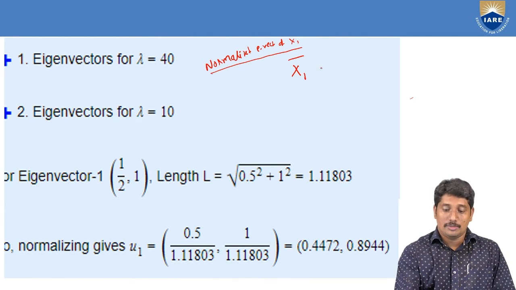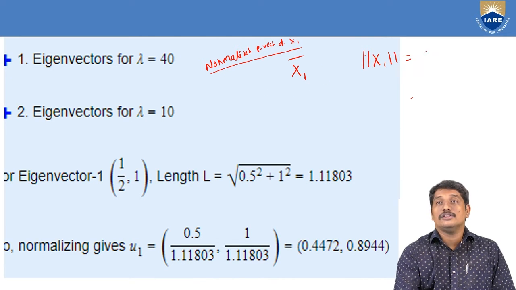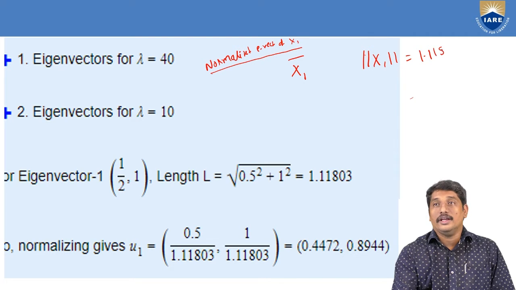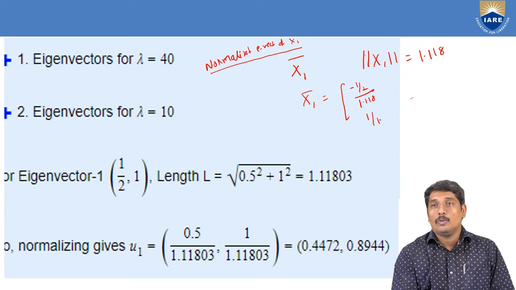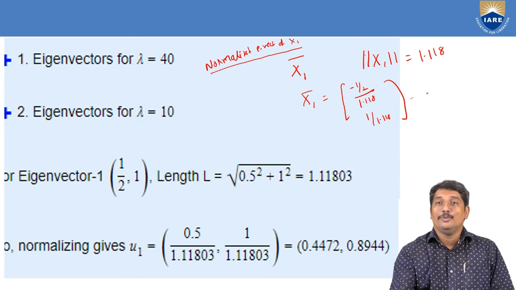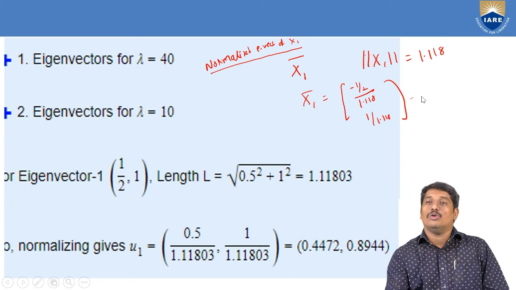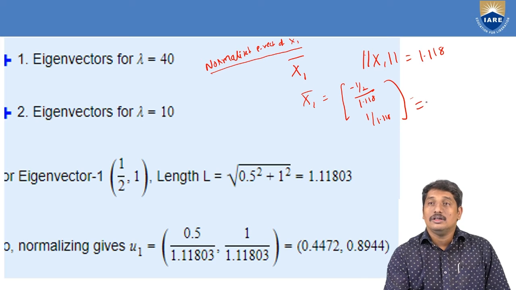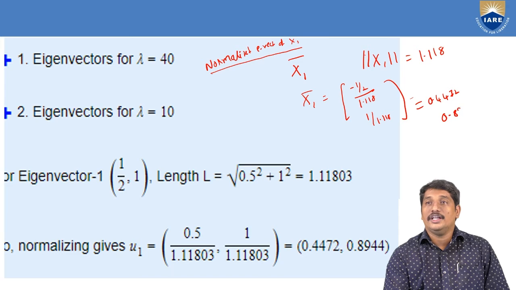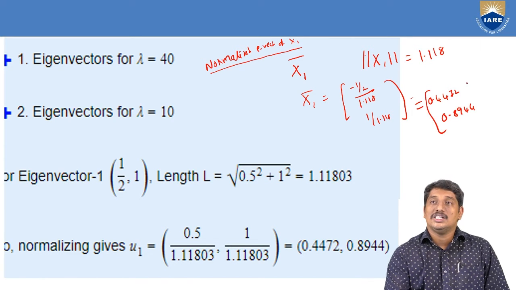For this, we need norm x1, which we already calculated as 1.118. Now x1 bar is nothing but the vector minus 1 by 2 divided by 1.118 and 1 divided by 1.118, and hence we get a new vector, which is 0.4472 and 0.894.